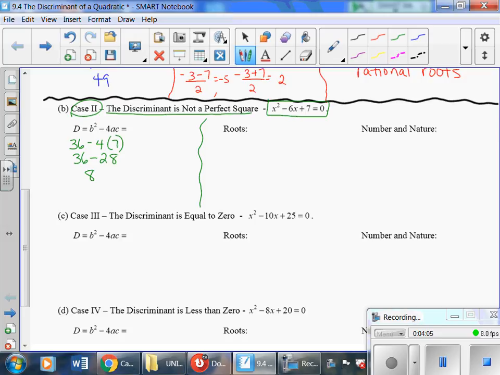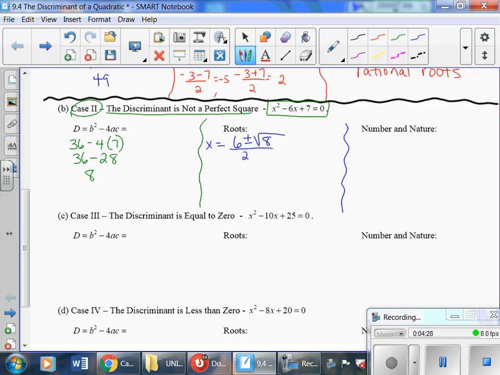Because when we take a look one more time at what our roots look like, going back to our quadratic equation, x is equal to the opposite of b, which is positive 6, plus and minus the square root of the discriminant, which is 8, divided by 2 times a, which is simply 2.